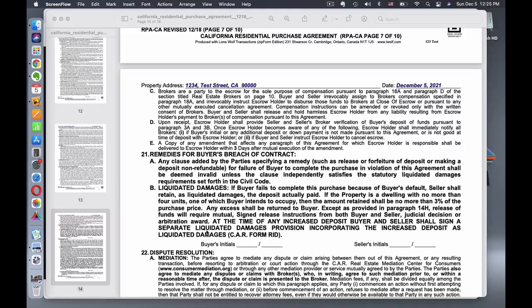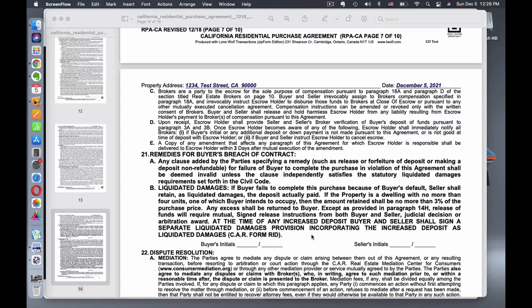Release of funds will require mutual signed release instructions from both buyer and seller, judicial decision or arbitration award. At the time of any increased deposit, buyer and seller shall sign a separate liquidated damages provision incorporating the increased deposit as liquidated damages.